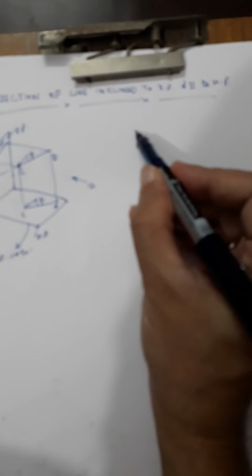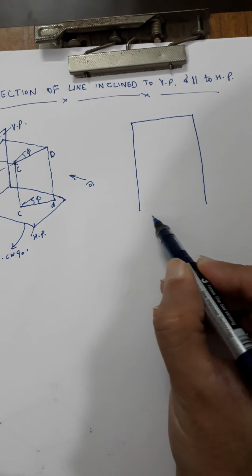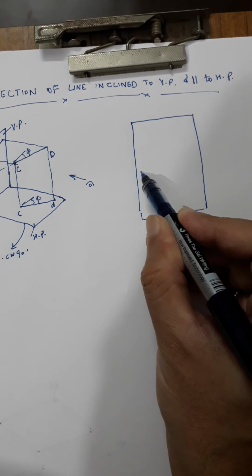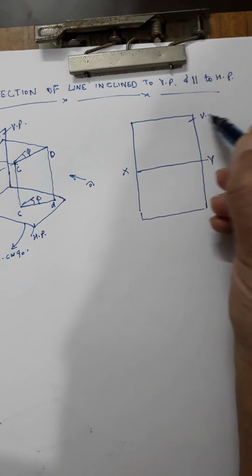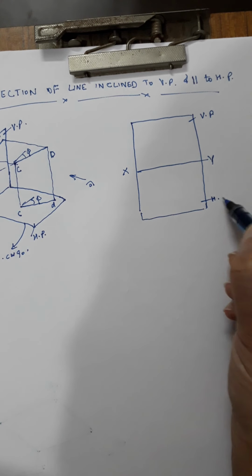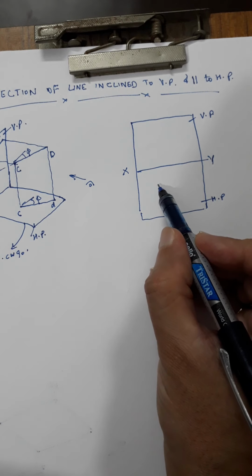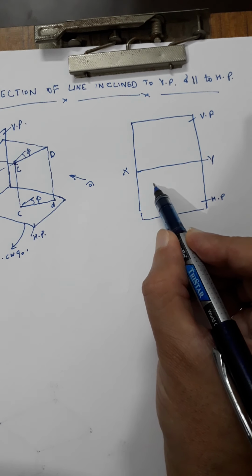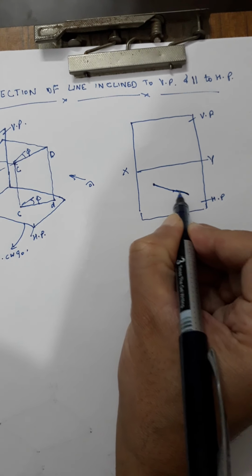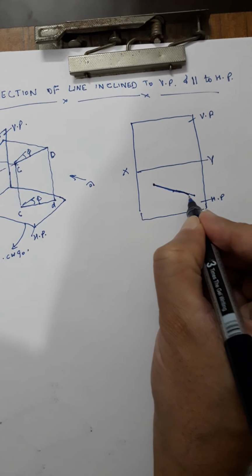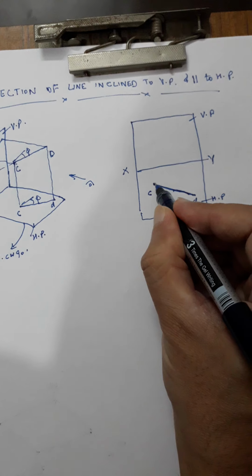What will happen? You will see two planes separated by the XY line. This is XY, the vertical plane, and the horizontal plane. Here you have to draw the top view first, because you get the true length and true angle of inclination in the top view. The top view is CD, and the angle of inclination is phi.